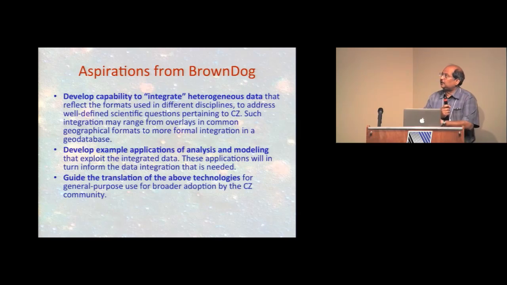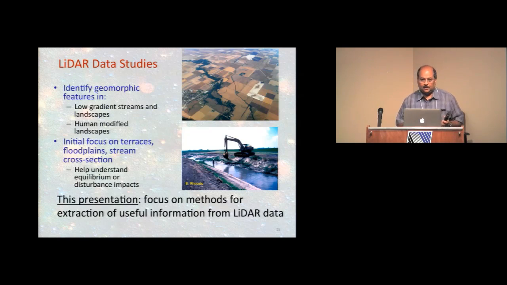So we're hoping to develop capability to integrate heterogeneous data, develop example applications of analysis and modeling that exploit this integrated data, and then guide the translation of these technologies for general purpose use, which can be applied pretty broadly to the critical zone. So with that, I'm going to turn it over to China.